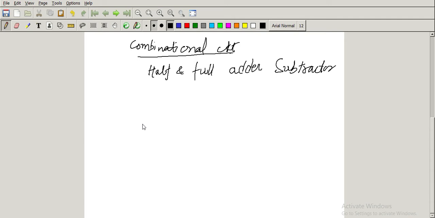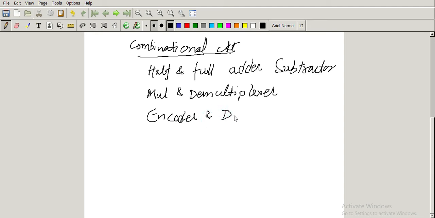Then we have multiplexer and demultiplexer, again their logical circuit and the Boolean function equation. Then we have encoder and decoder, which are the opposite to each other.